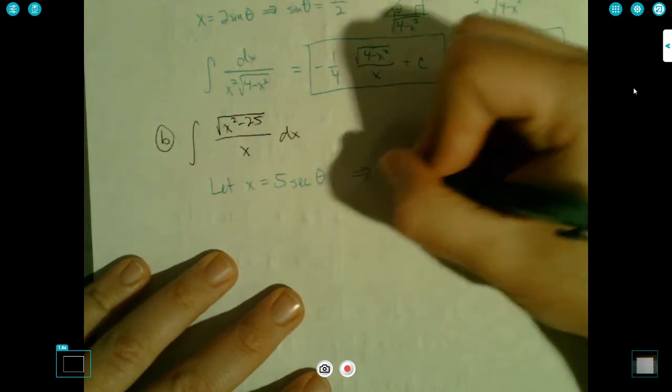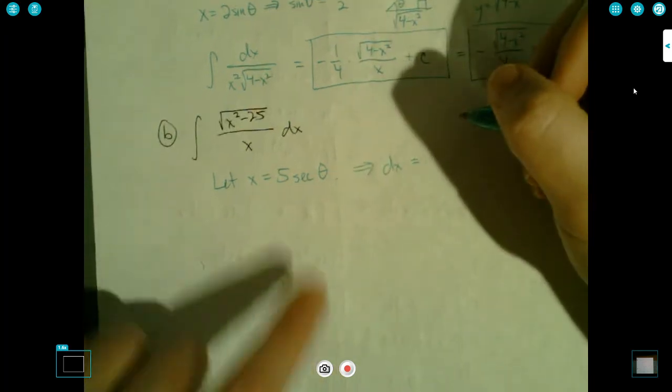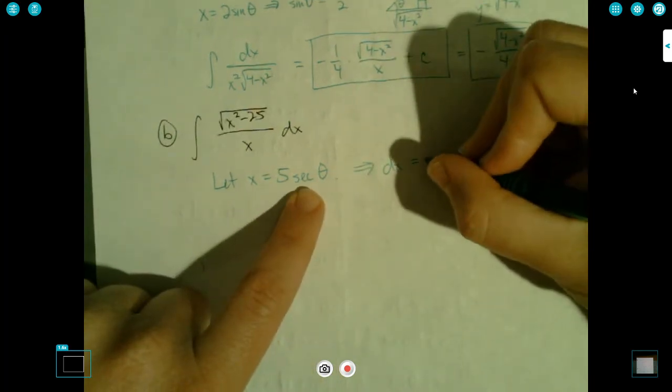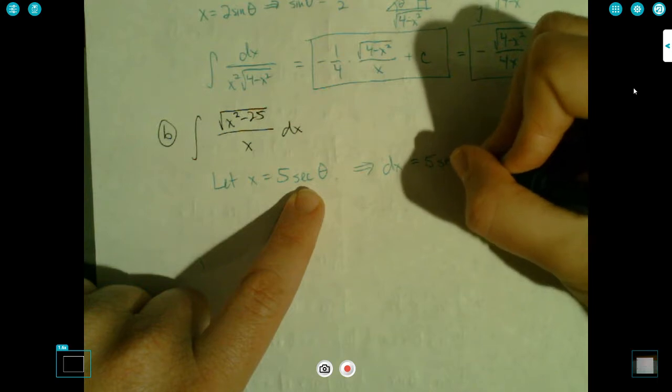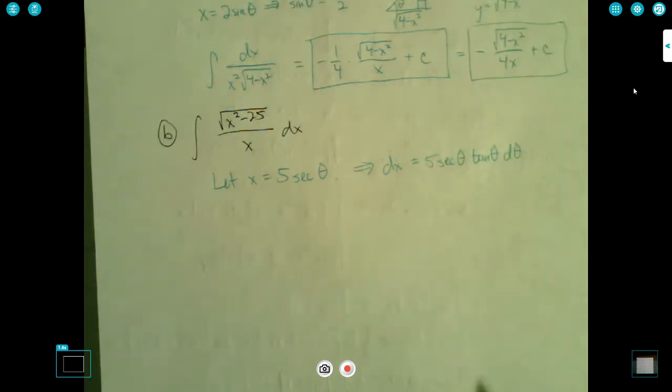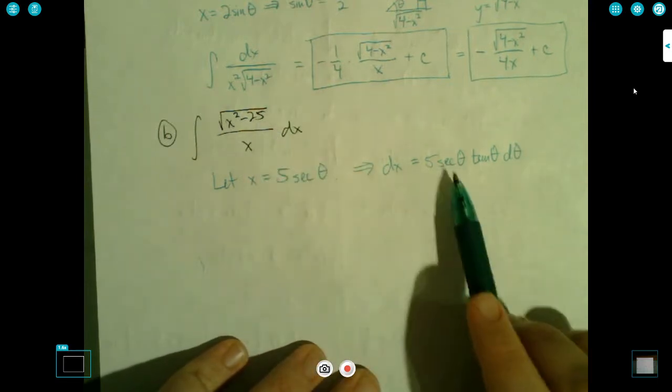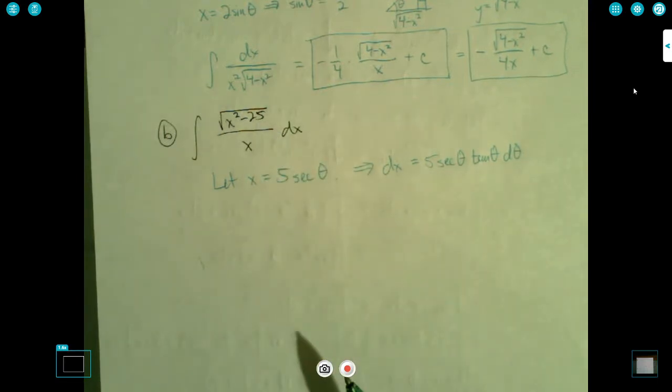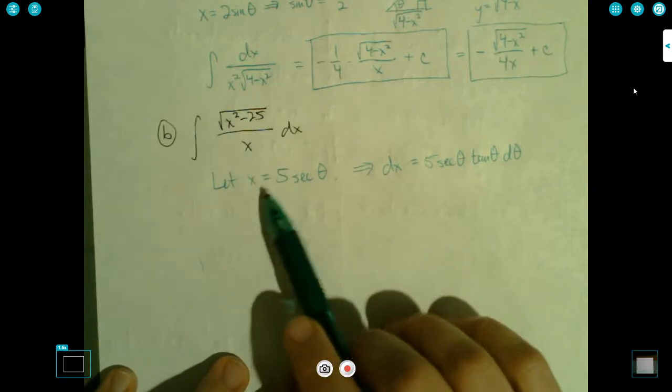And then dx is going to be, derivative of secant is secant tangent, right? So 5 secant theta tangent theta d theta. And so we can replace dx with this nastiness. But we can also replace x with 5 secant theta.